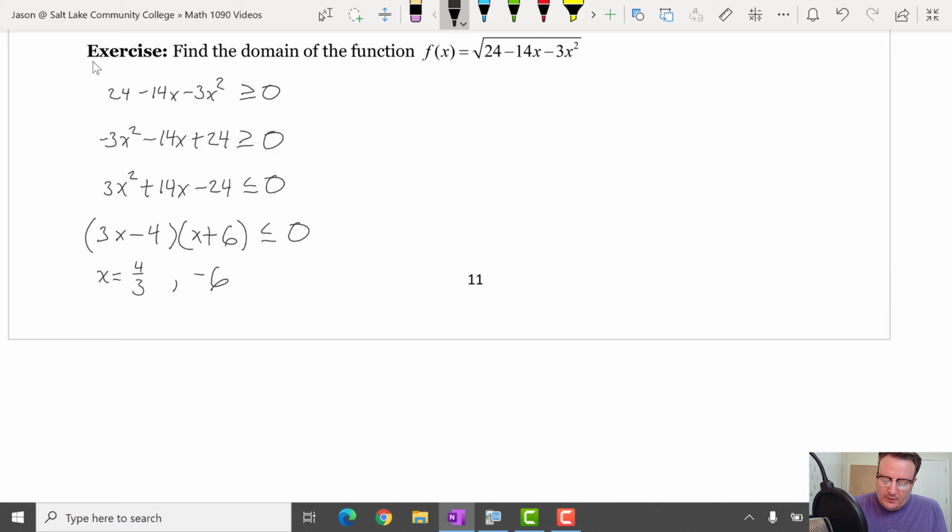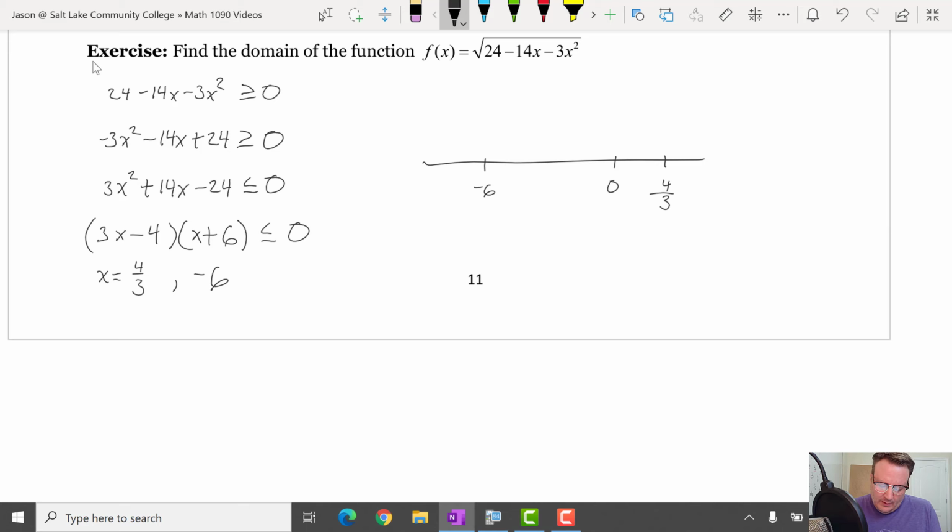Okay, I'm just going to do a quick little graph here. We'll say -6 is here. 0 might be around here. And then 4/3 might be right around here.